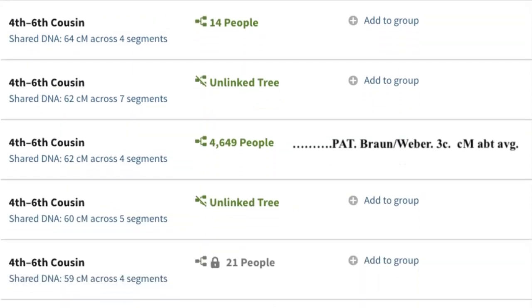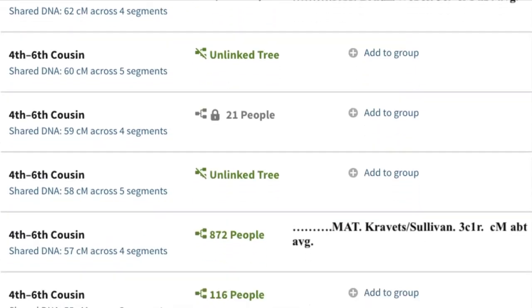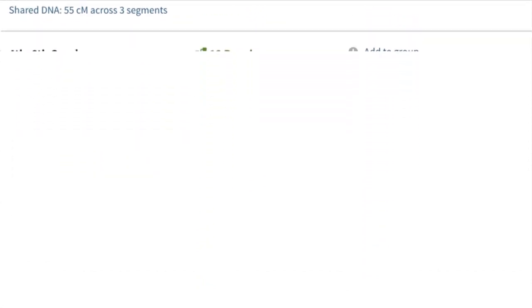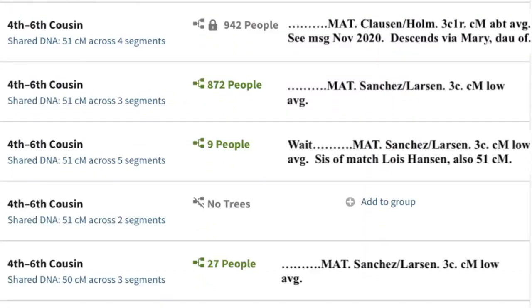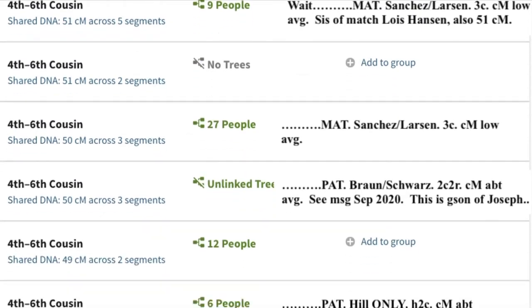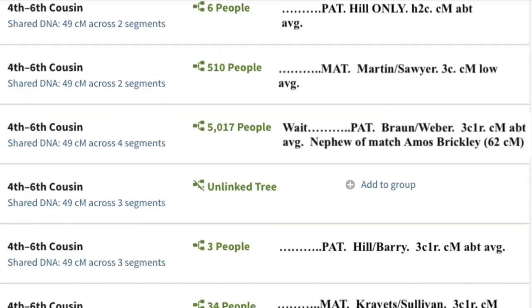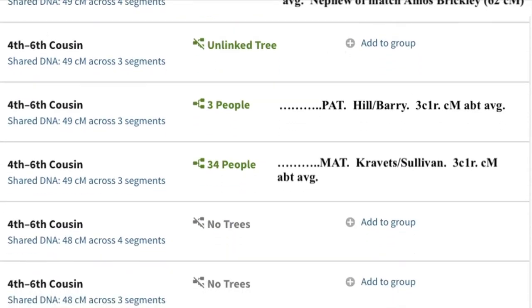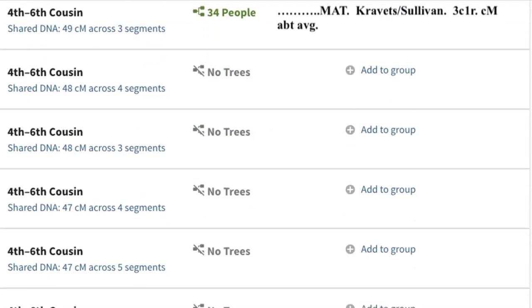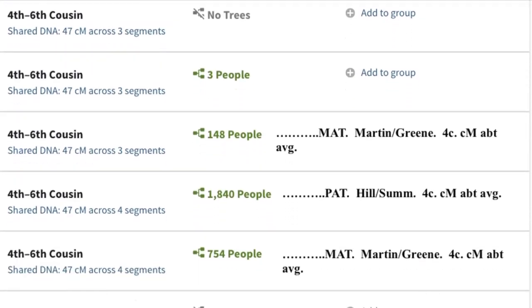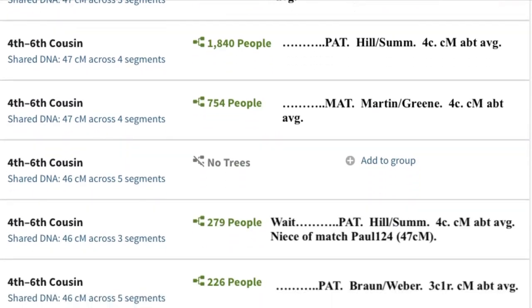We have a nice mix of maternal and paternal matches with several different ancestor couples represented, down into the third cousin level now. Here's a few more matches, getting down into the 50 centimorgan range. Seeing more of those third cousins and some fourth cousin matches now. We still have a nice mix of ancestral couples, which I like to see. That looks good, right? Isn't that so satisfying to see the information all nice and in an orderly list? I love it. It makes me so happy.